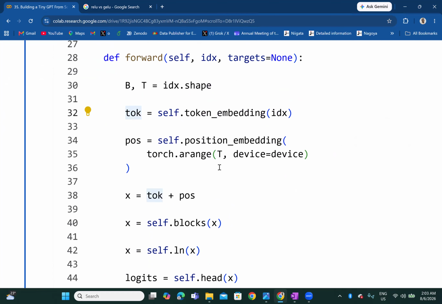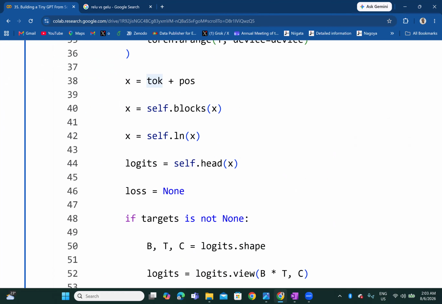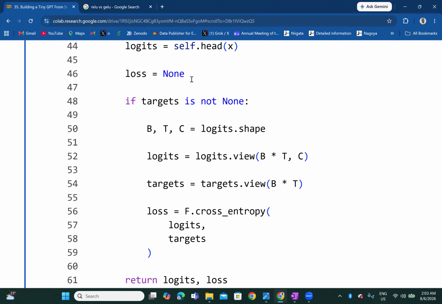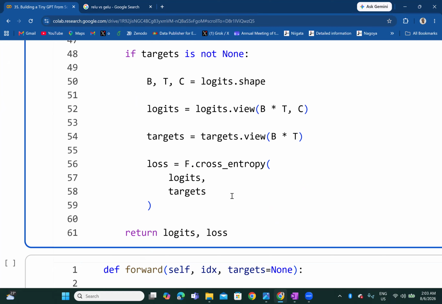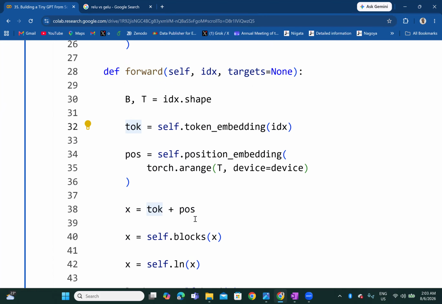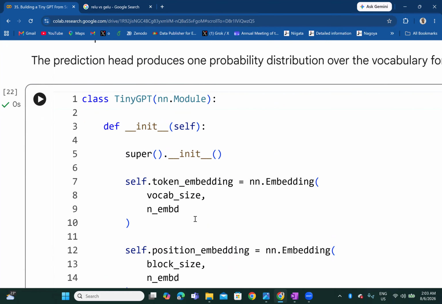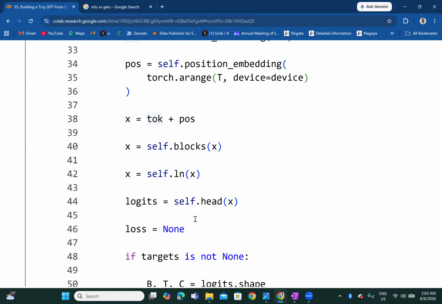So you have token and position embeddings, the blocks, you have the logits, you have the loss. If the target is none, until the loss becomes none, we keep going. And then finally, once all of that is done, you return the logits and the loss to know how close you are to your expectation. So this is like the Tiny GPT part.